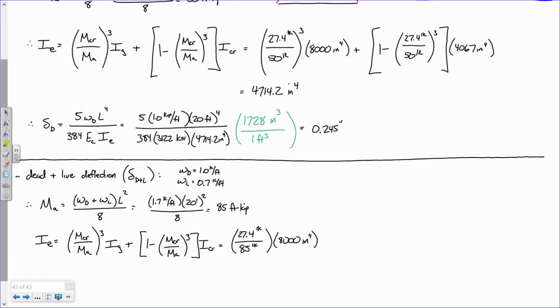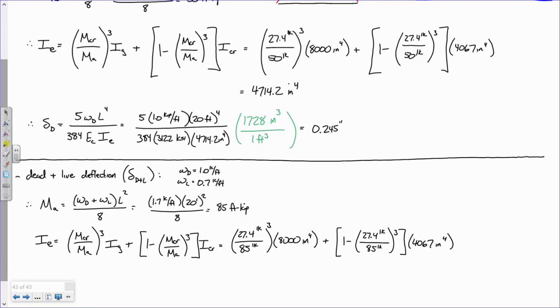inches to the fourth plus 1 minus, what did I forget? Cube, there you go, see? Divided by 85, and then that's cubed times, what was it? There we go, making sure everybody's paying attention.